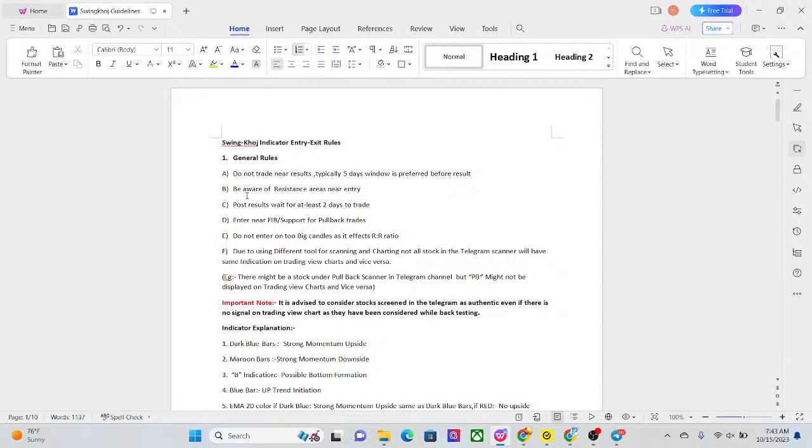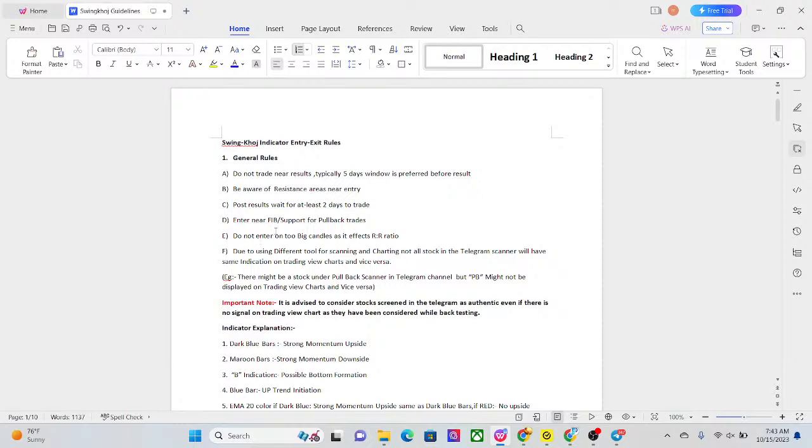You need some basic understanding of support and resistance and how to find it. We'll also discuss that. Post result, wait for at least 2 days to trade. Don't jump in right after the result. Just wait for it to cool down.